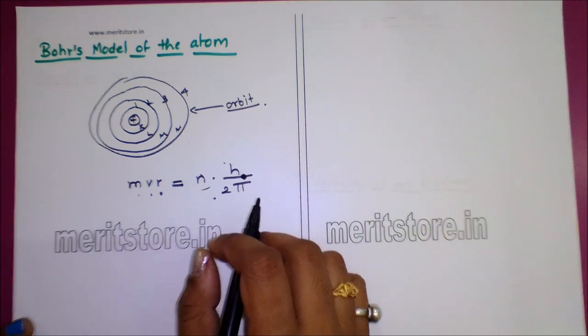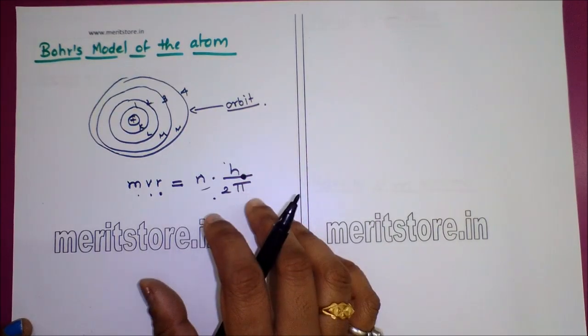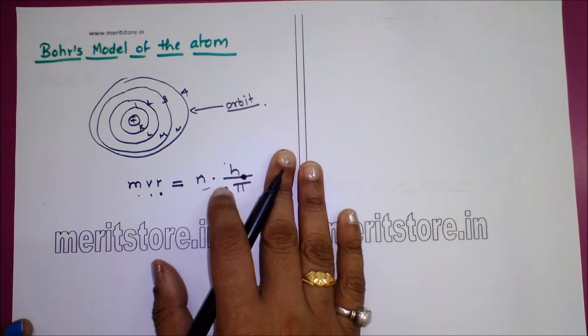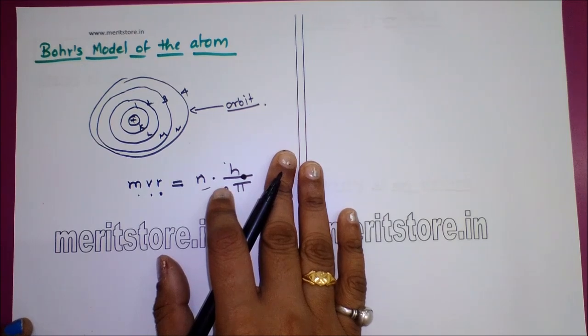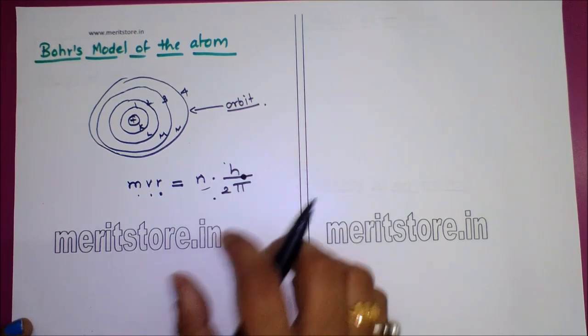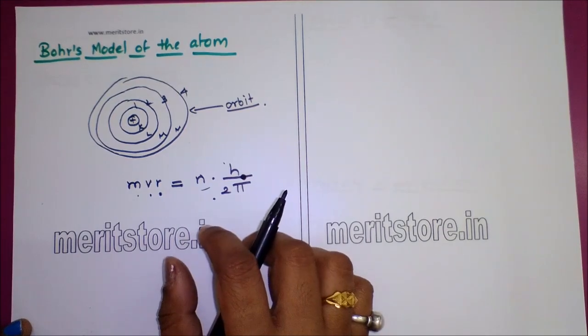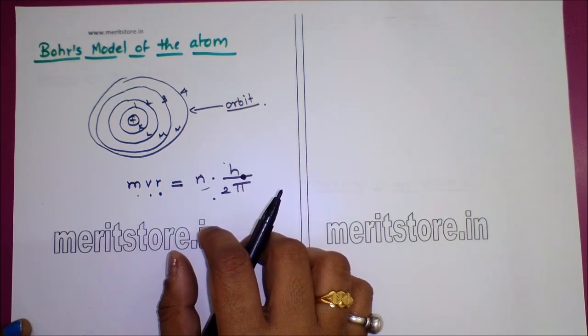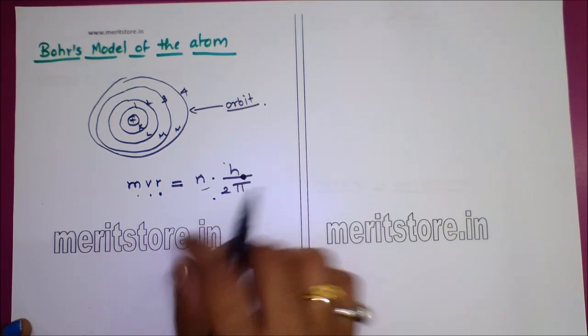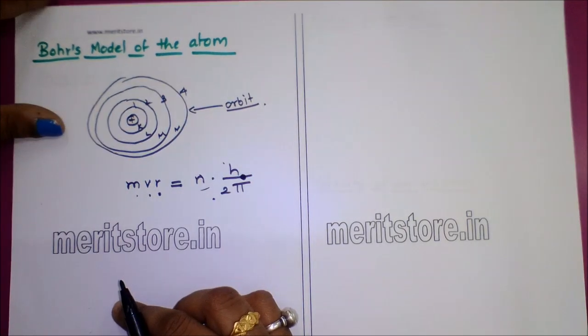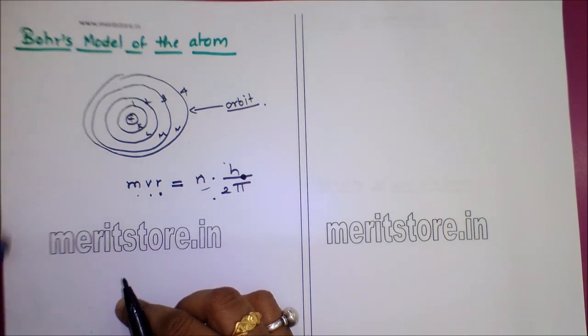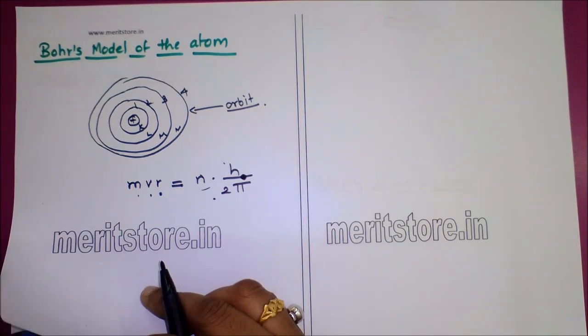This Bohr's atomic model has main features like it could explain the stability of the atom. Bohr's model can also give us an explanation of the atomic spectrum of hydrogen, and we can also calculate the energy of an electron in a particular orbit if it is related to the hydrogen atom or any atom consisting of one electron.